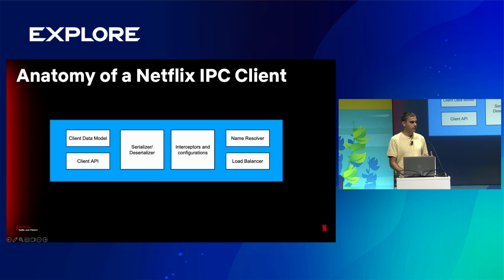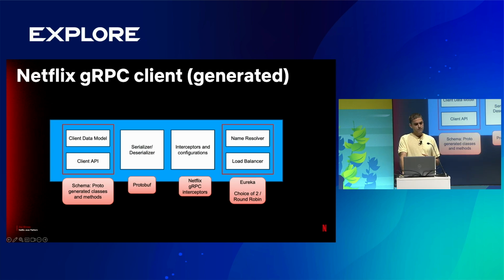Then we have the name resolver, like integrating with Eureka or the load balancer. All of these compose just any IPC client at Netflix, whether it's REST, gRPC, or GraphQL. For gRPC specifically, we use Proto, and using Proto schema, we generate the classes and methods that are being used. And we have gRPC interceptors for more customizations.